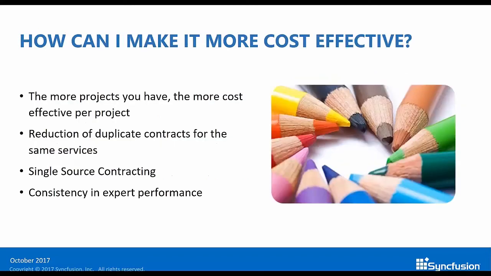So how can you make it more cost effective? This is basic accounting, if you will. If I have a license, and let's for simple math use a value of $5,000, and I am paying for the full price of that license.